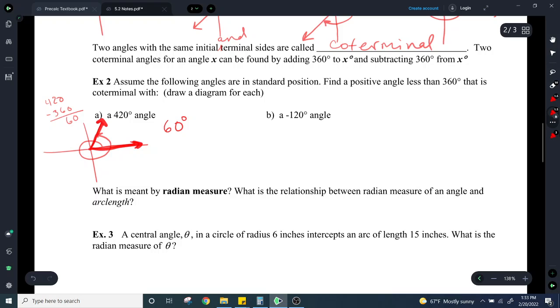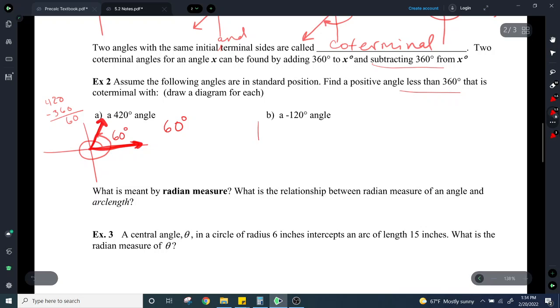How did I get that mathematically? I did exactly what it said up here: I subtracted 360 from x. I could have added 360 and gotten a larger coterminal angle, but they specifically asked for one that was less than 360. So because I was starting out more than 360, I had to subtract 360 to get to another angle that was coterminal, okay? So this 60-degree angle would be coterminal with the original 420.